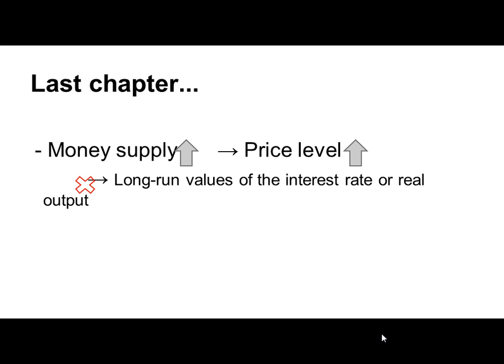Real output means things such as the true employment and output level, or the long-run relative price of goods and services. But growth in the money supply will affect the interest rate in the long run. So how does a permanent increase in inflation affect the long-run interest rate?